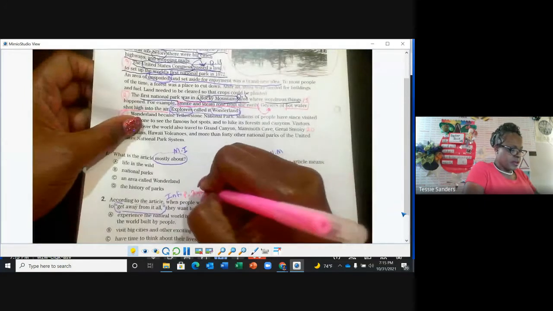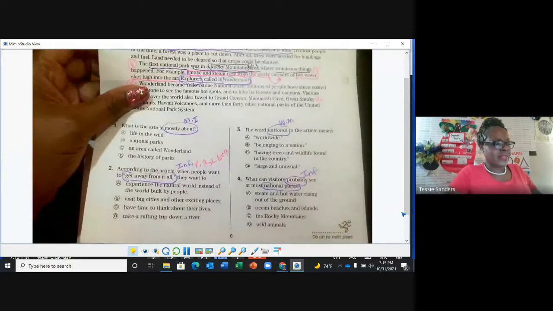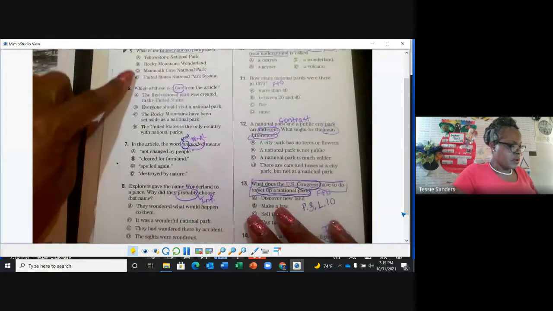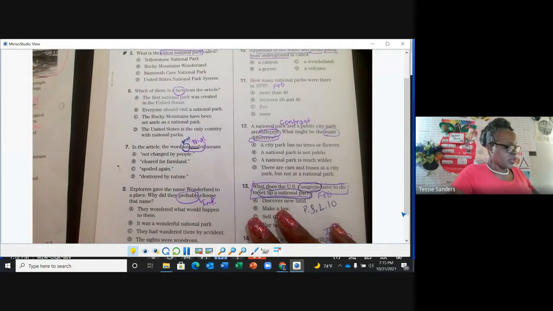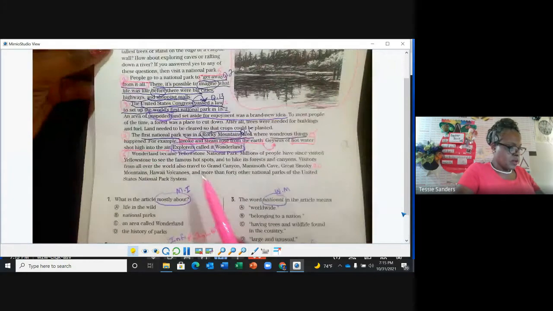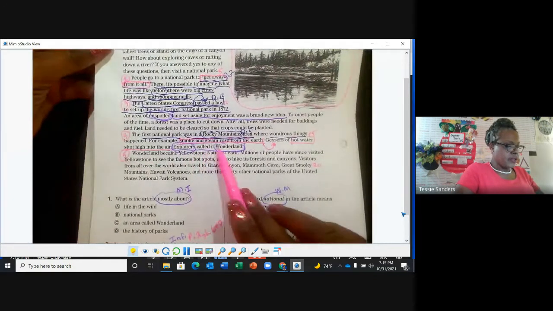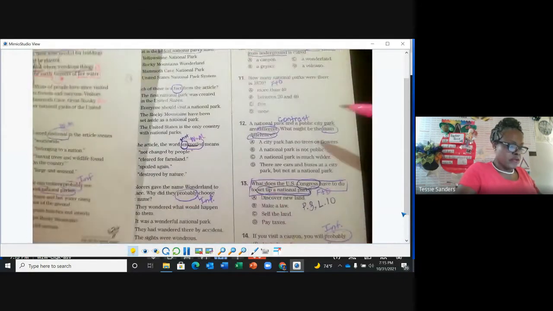Capital L, 6 and 7. Go back to 2. Get away from it all. What are we looking for? I lost my spot. Let me go back. Smoke and steam rose from the ground. That's what we're looking for.